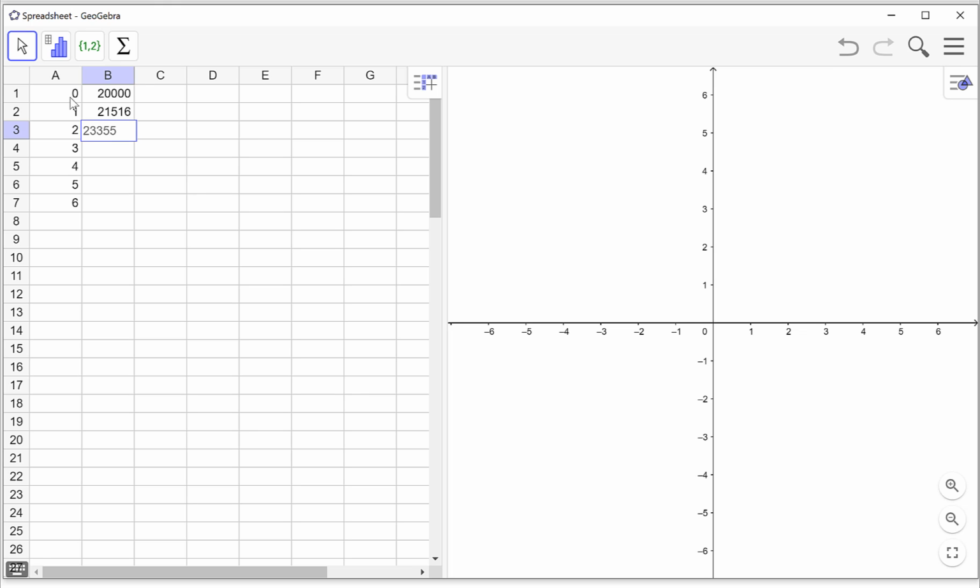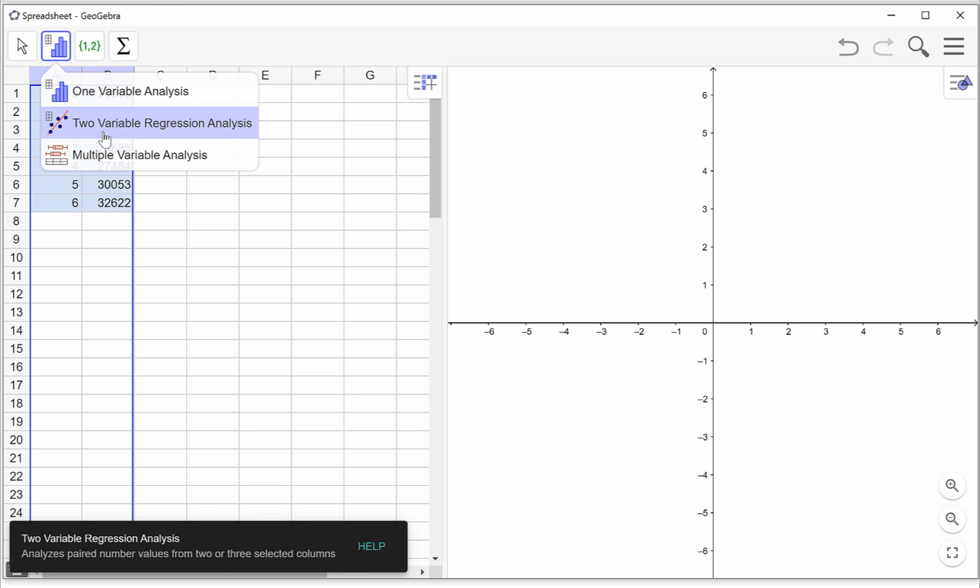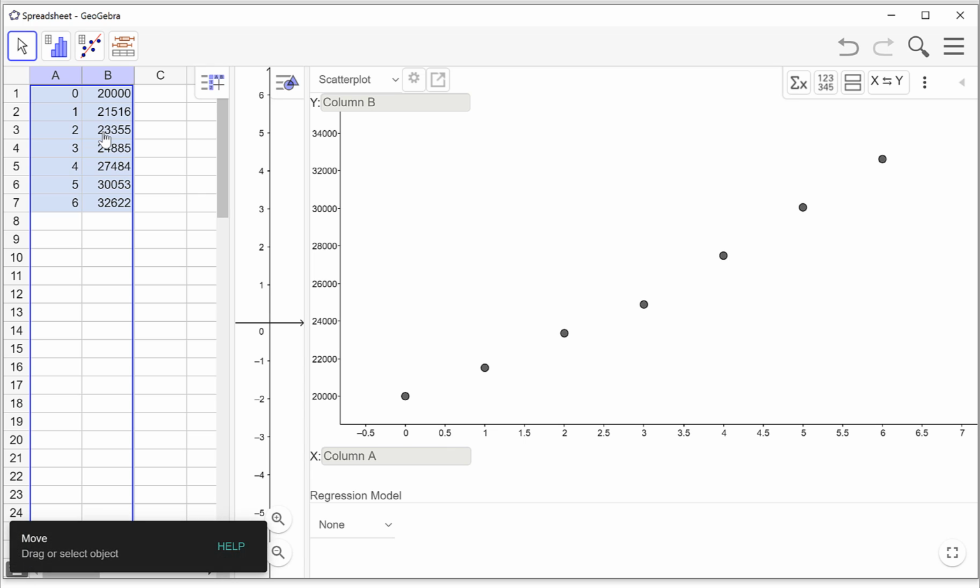I'm not going to make you watch me type these all in, so I'm going to go ahead and skip ahead. Okay, so I've got all the data typed in, and now I wanted to create a scatter plot. So I'm going to choose both sets of data here, go to my histogram, choose 2 variable regression analysis, and it's going to make a scatter plot.